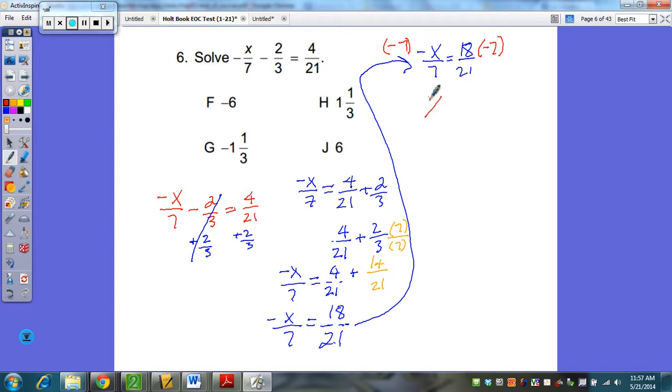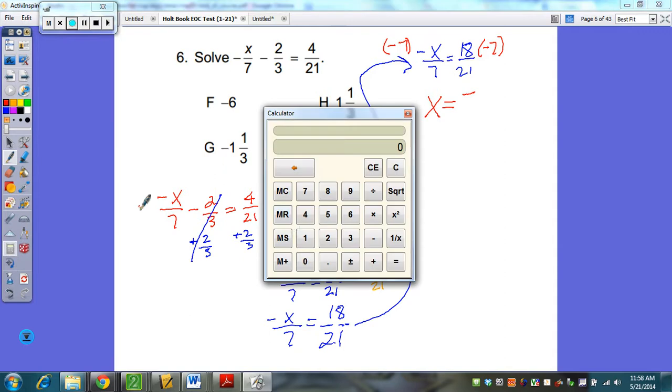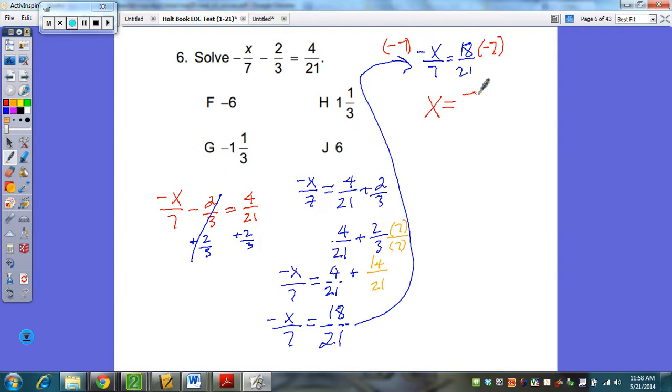So we get x equals negative, I think it's, let's see, 18 times 7 is going to give me 126. So we have negative 126 over 21, which gives me negative 6.